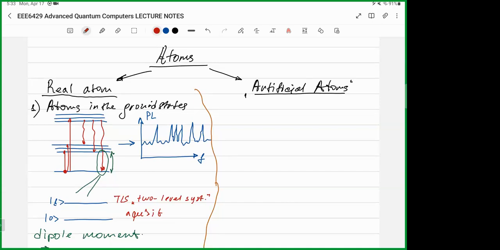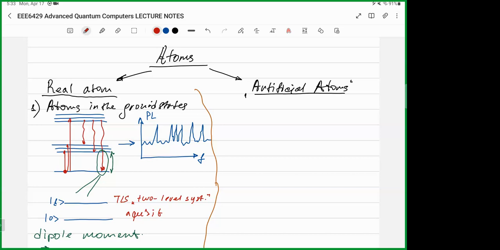They consist of many atoms. It can consist of billions of atoms, but the system itself behaves as an atom. So it has some energy spectrum, for example, that reminds of the spectrum of a natural atom.